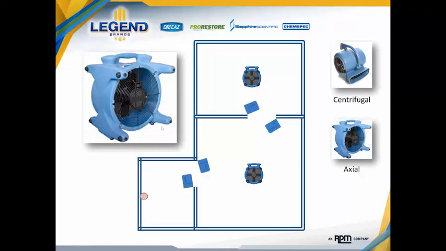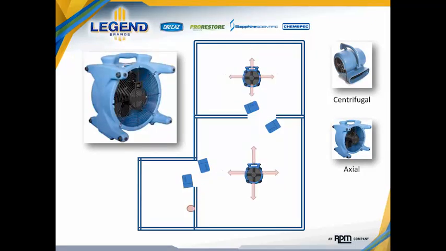The axial air movers that are designed for this will typically have a standoff or legs that allow the outlet of the air mover to remain enough space above the floor to allow the air to move out of the air mover and then down across the surface of the floor. And that'll address that surface area that we have out in the middle to ensure that we have a good, even, consistent amount of airflow across all of our target surfaces where we're trying to cause drying to occur.